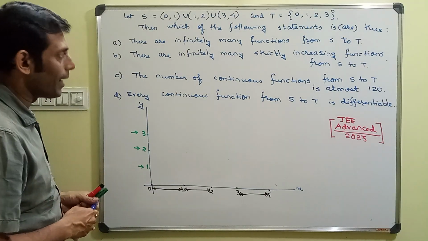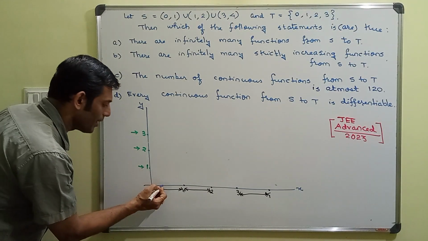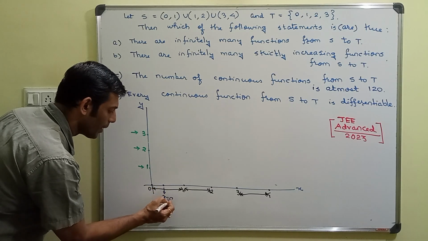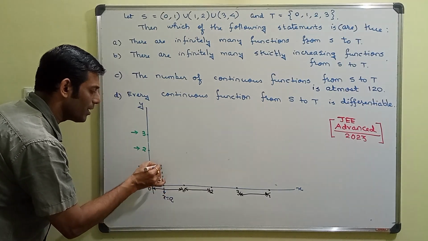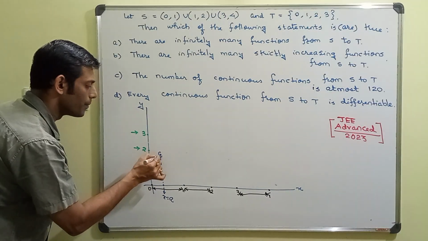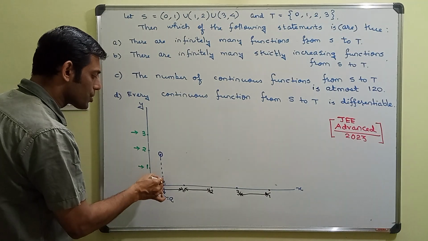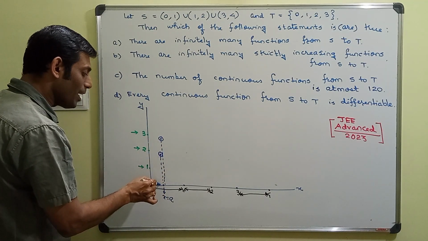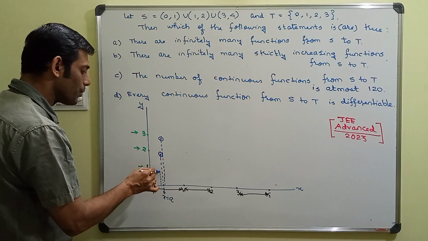So if I take a position of x equal to A, and at A I assume that the function is at the level of 2, and at A plus let the function take a value of 3, and at A minus the function takes a value of 1.